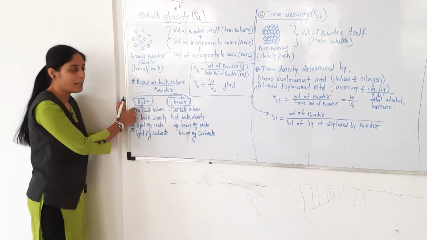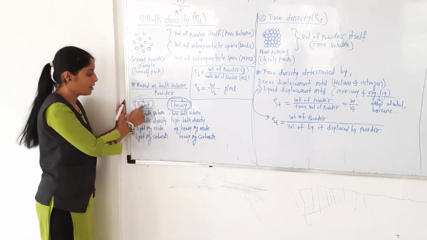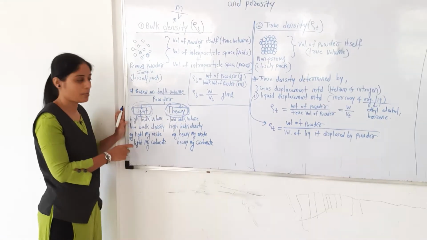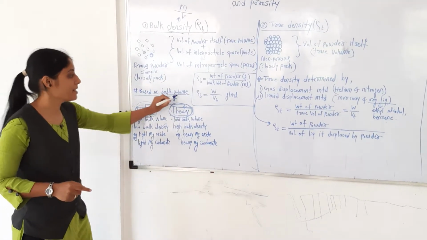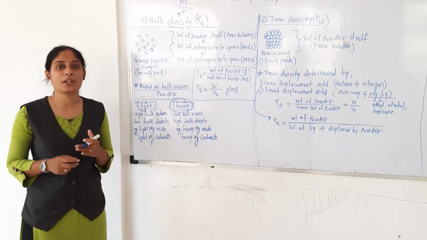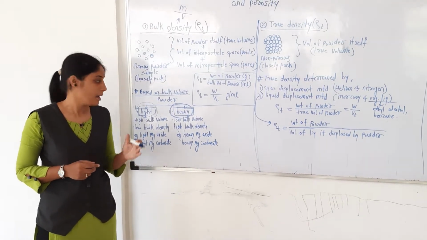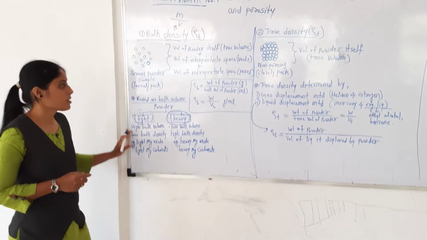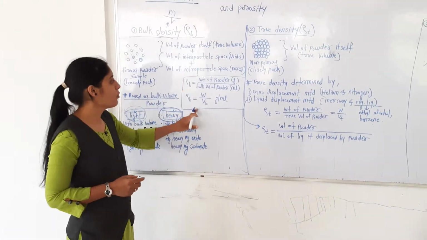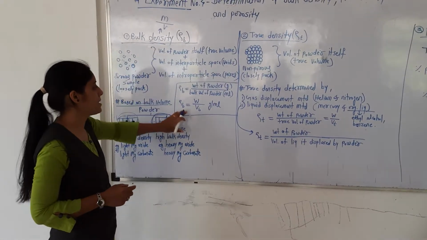In the light powder sample, pores are present, so we call it a porous powder sample. So on the basis of bulk volume, powder samples are classified into two types, light and heavy powder samples. By using this formula, we determine the bulk density.